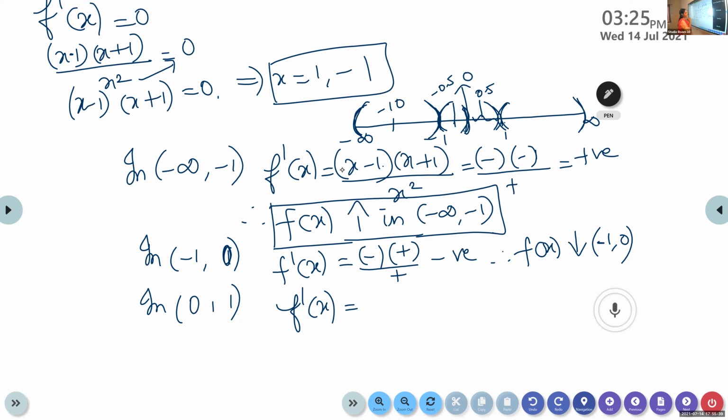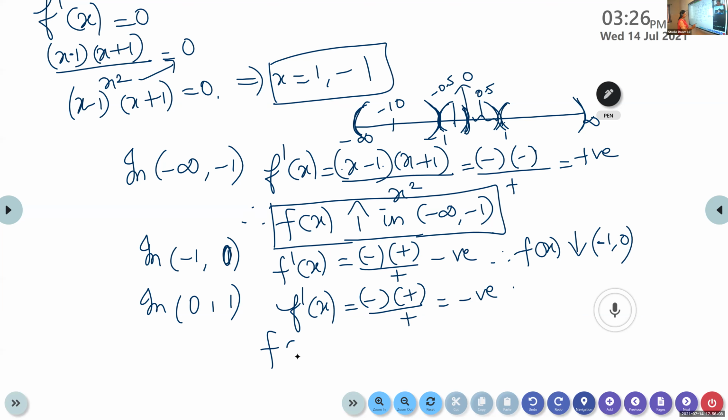Sania, is it positive or negative? 0.5 minus 1 is negative, okay. And here 0.5 plus 1 is positive. The denominator is always positive. So again we get negative.